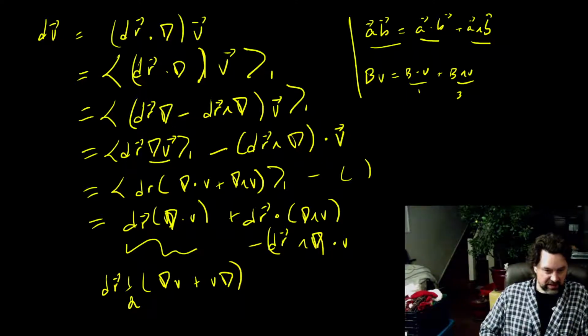So in this case, grad is operating on v to the left, and here grad is operating on v to the right.